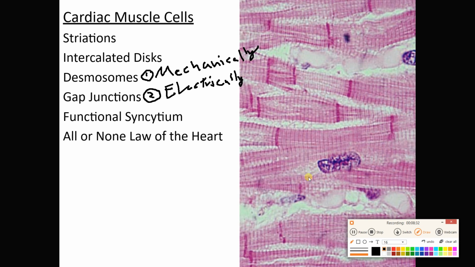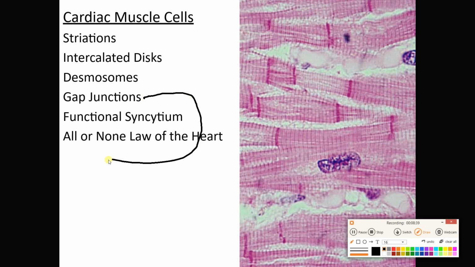Gap junctions perform a really crucial thing. Gap junctions are going to allow synchronized, I'm just going to write sync, you know it stands for synchronized, depolarization. So synchronized depolarization. Gap junctions let my cardiac muscle cells depolarize together.